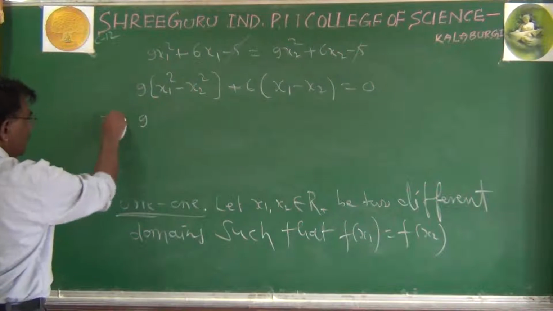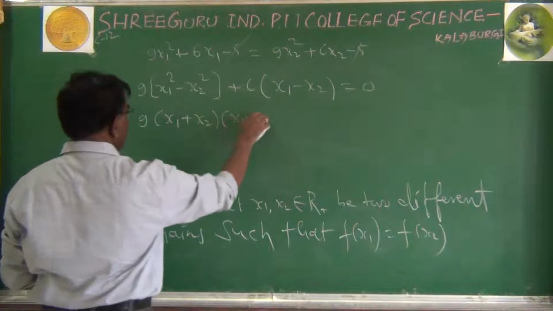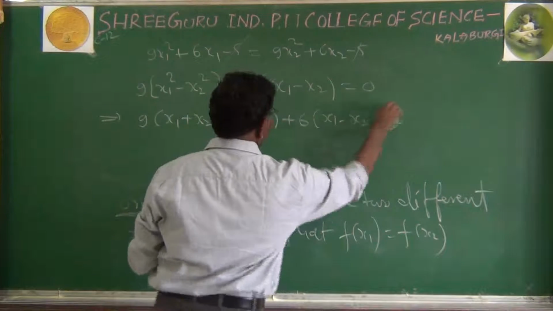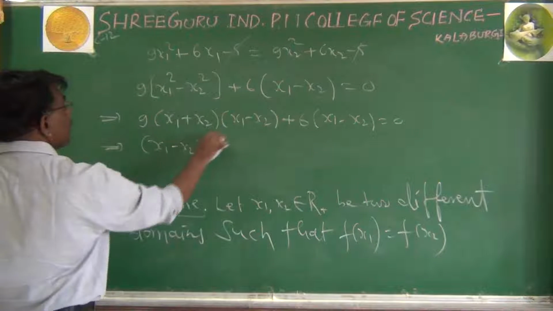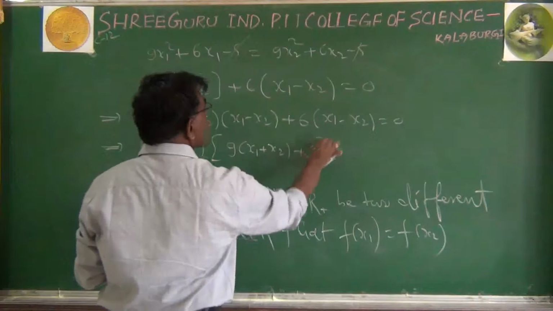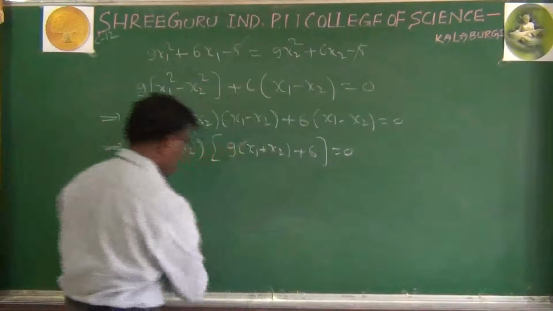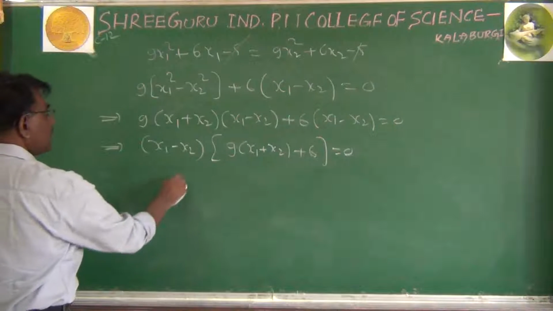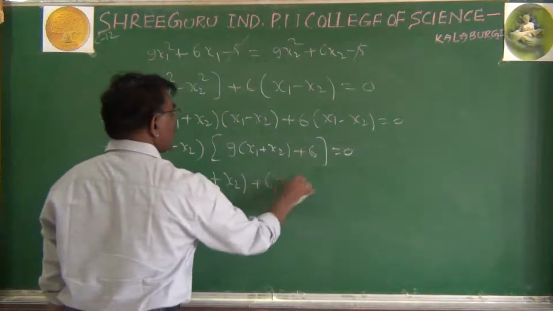Again you have to make factors: x1 plus x2 times x1 minus x2, plus 6 into x1 minus x2 equals 0. Then x1 minus x2 is the common factor, into 9 into x1 plus x2 plus 6 equals 0. So what do you want? You want x1 equal to x2. So 9 into x1 plus x2 plus 6 is not equal to 0.